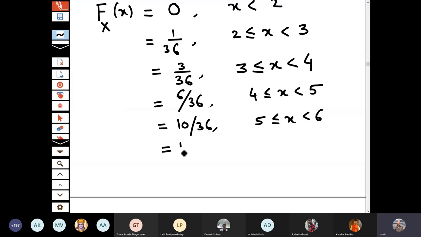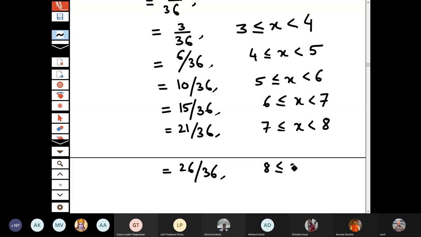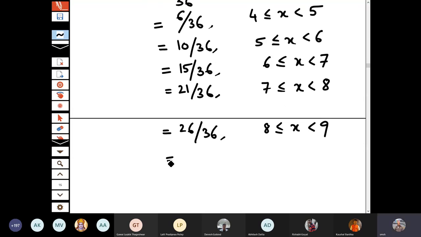At 6, it was 5, so it becomes 15 by 36. Then at 7, it was 6 by 36. Then at 8, it was 5 by 36. At 9, it was 4 by 36.